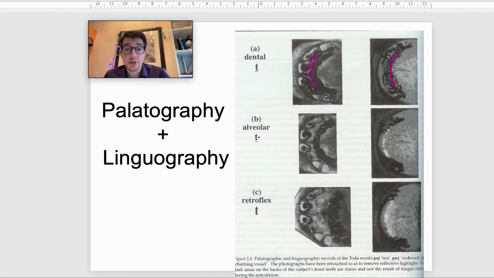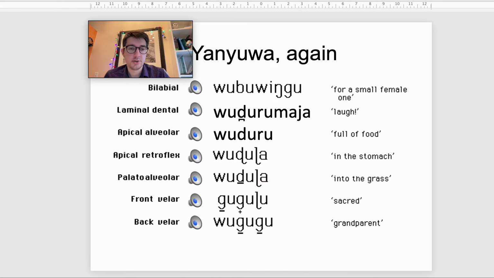With alveolar, you can see that it was produced on the alveolar ridge without hitting the teeth so much. This black on the teeth is from the speaker, not from the charcoal. And you can see that the tip of the tongue was involved. So you can clearly see the difference between the three stop places: dental, alveolar, and retroflex. And that's an interesting technique to use. Dr. Winters uses it in the 441, so that's fun to observe.